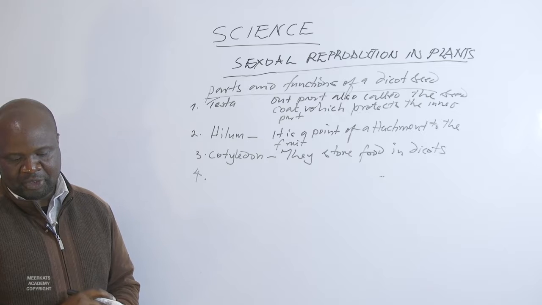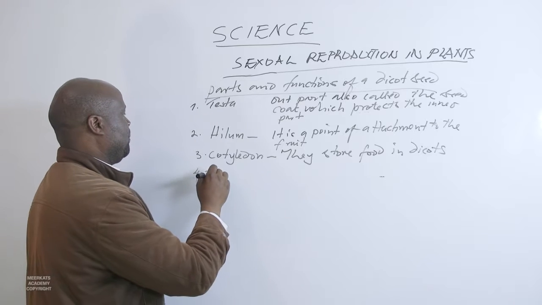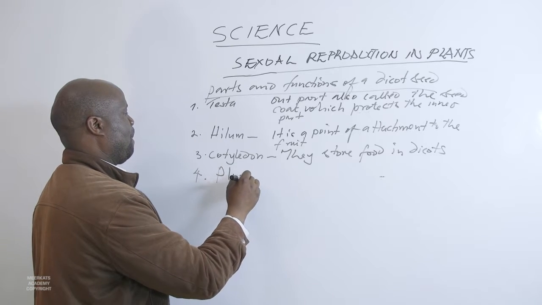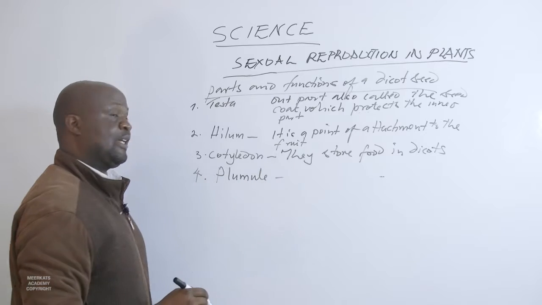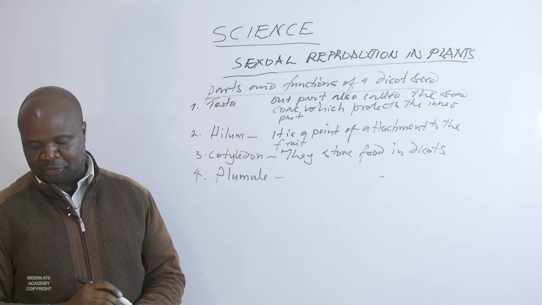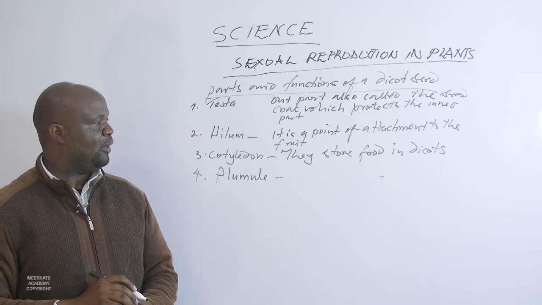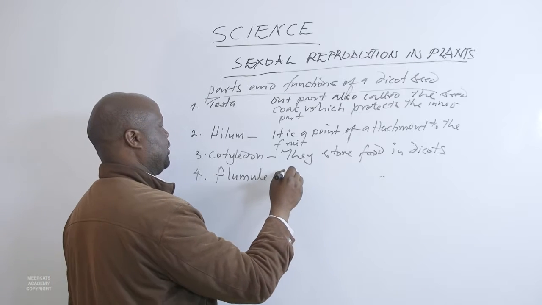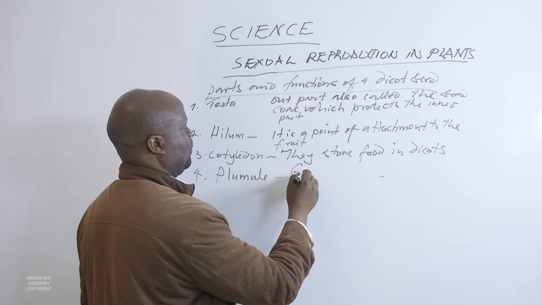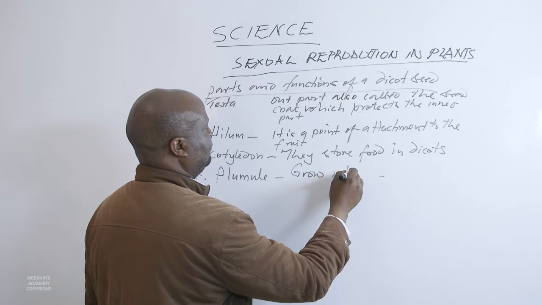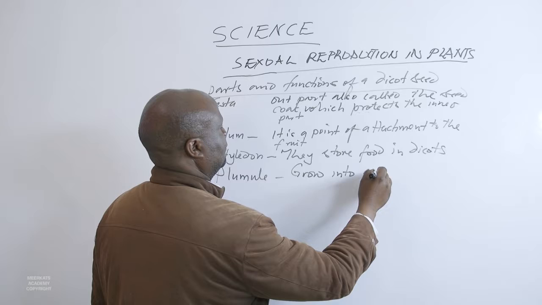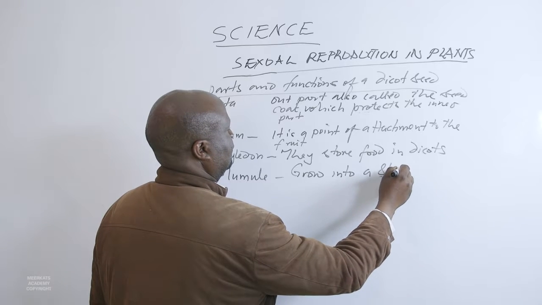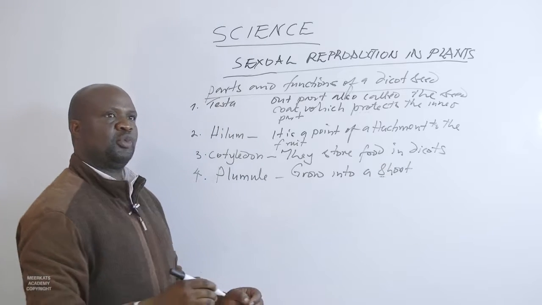Then from the cotyledon we have the plumule. What are the functions of the plumule? We are told the plumule grows into a shoot. And we know what the shoot will become.